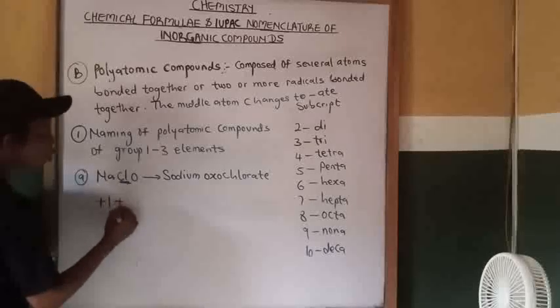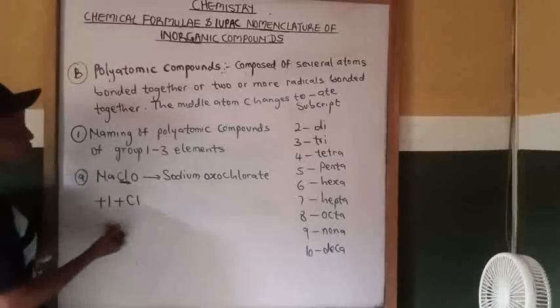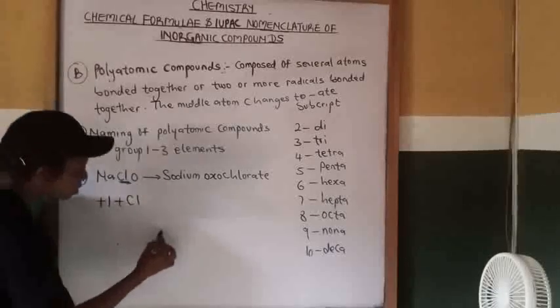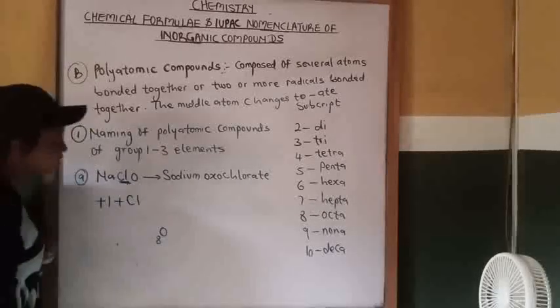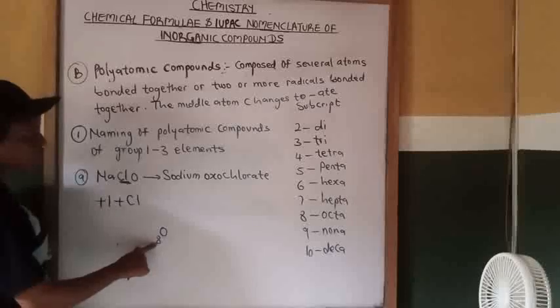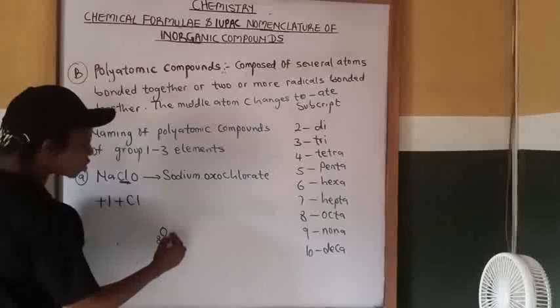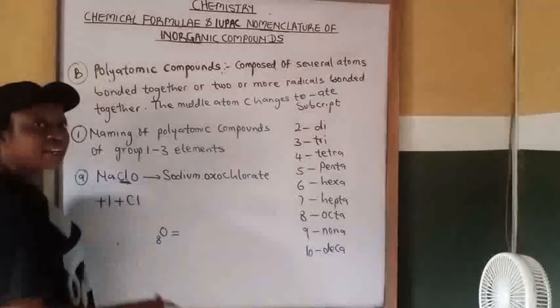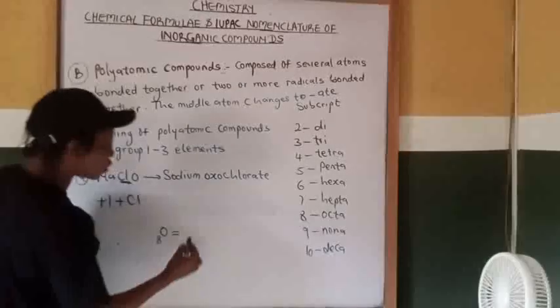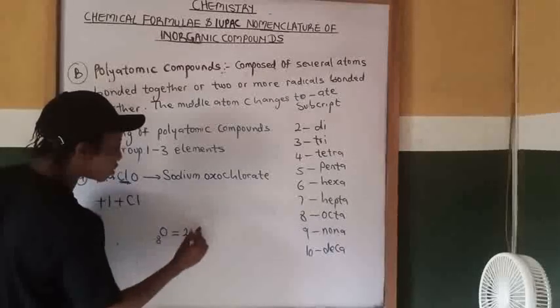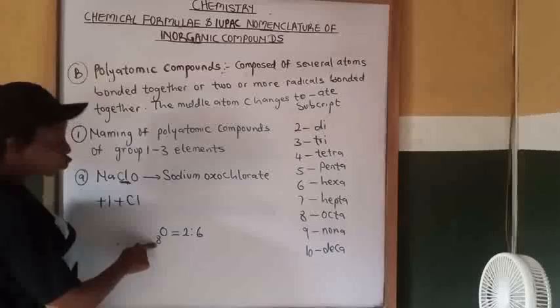Then we are looking for chlorine, followed by oxygen. Oxygen is atomic number 8, so oxygen has 8 electrons. To write the electronic configuration of oxygen in ratio form, that will be 2:6. 2 plus 6 equals 8.